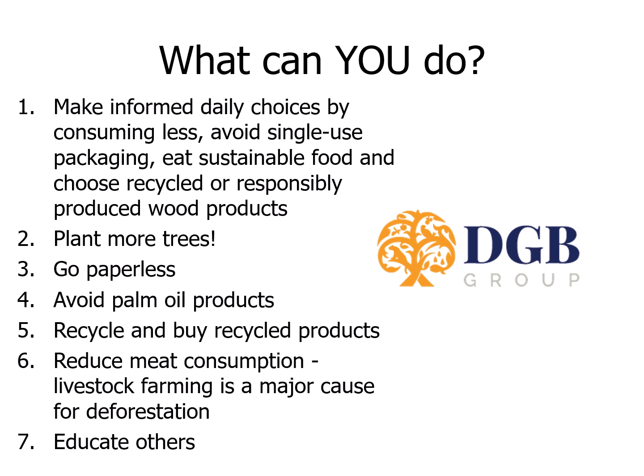Go paperless. One of the biggest ones is this fourth one, guys. That is avoiding palm oil products. One of the bigger reasons that the rainforests are being destroyed is to make palm oil. And palm oil is in a ton of things. So a very big thing you could do is put your money where your heart is and not buy anything that has palm oil in it.